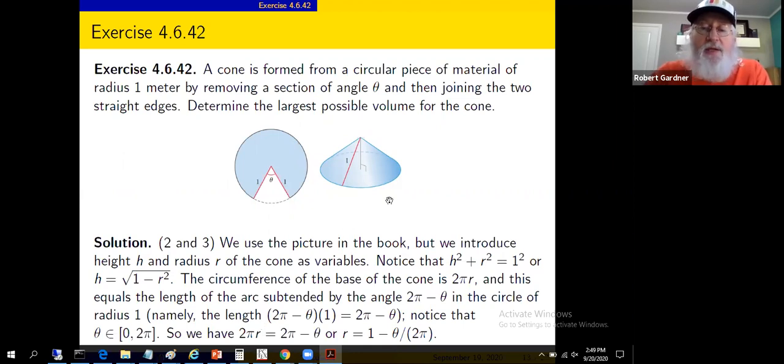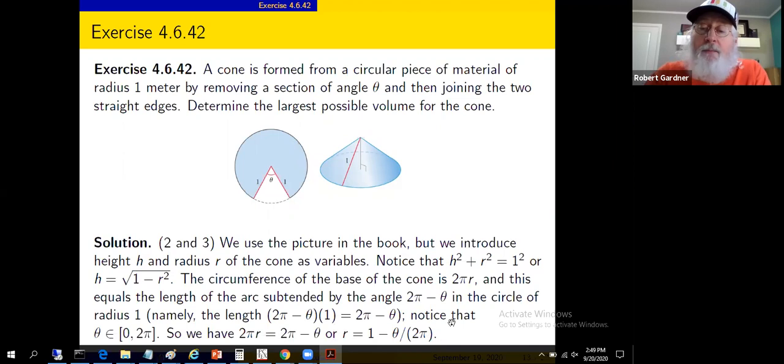So we've got the circumference here, which was 2 pi lowercase r, equals the distance here, which was 2 pi minus theta. So we must have 2 pi r equals 2 pi minus theta. That sets up a relationship between r and theta. If we solve this for r, divide both sides by 2 pi, we get 1 minus theta over 2 pi, with some cancellation there for the 1.